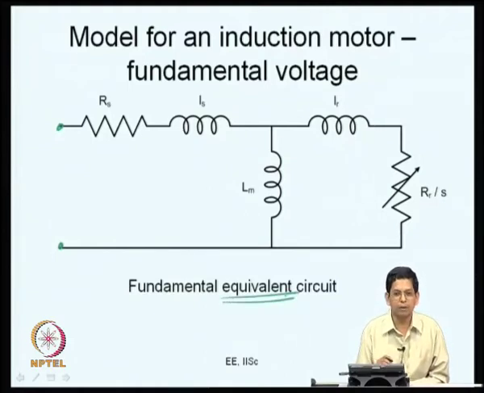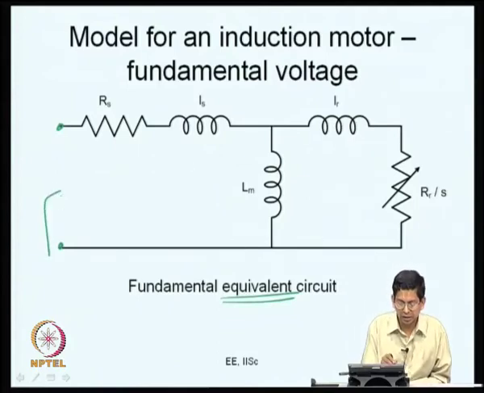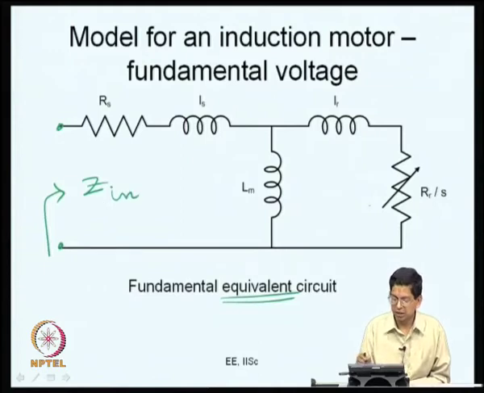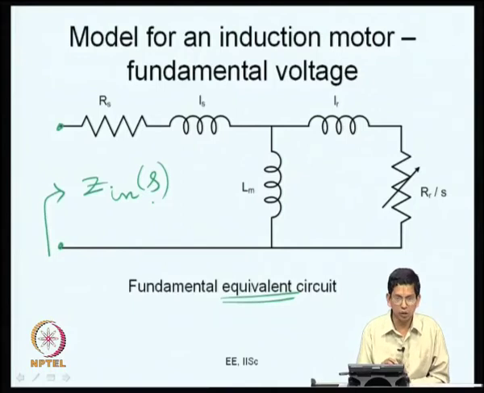This is the well known equivalent circuit that you would have studied in your undergrad courses on basic electric machines or basic electrical technology. So the machine sees the fundamental component as a certain impedance, and this impedance is a function of the slip. As I said, at no load the slip is 0.